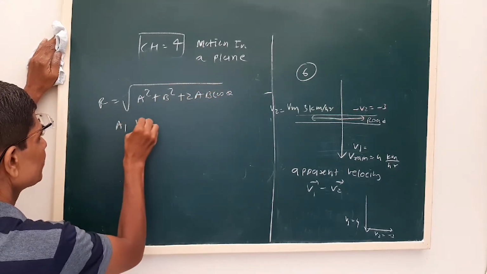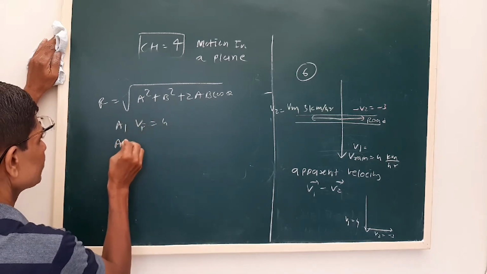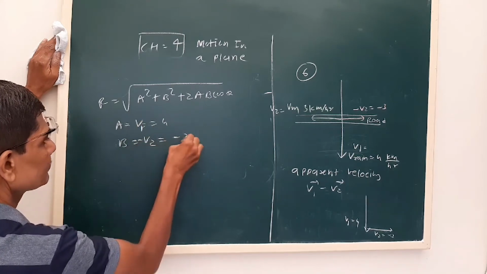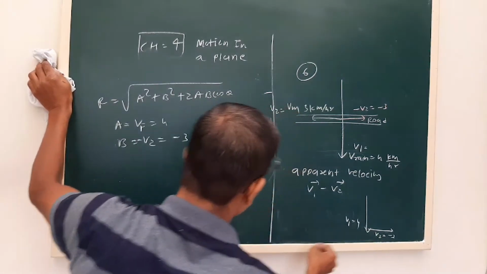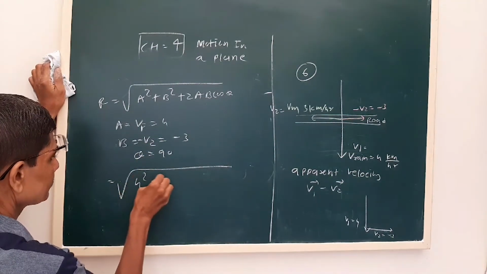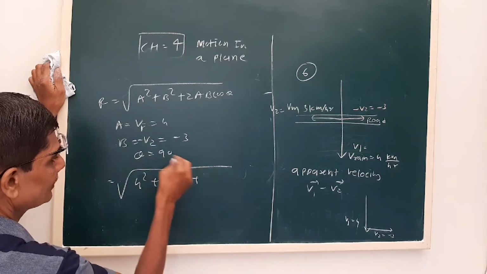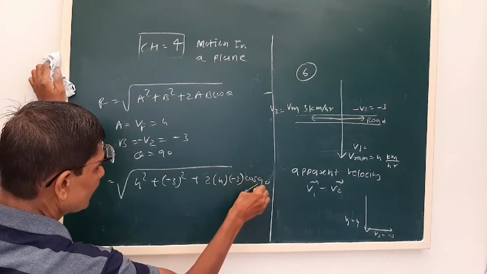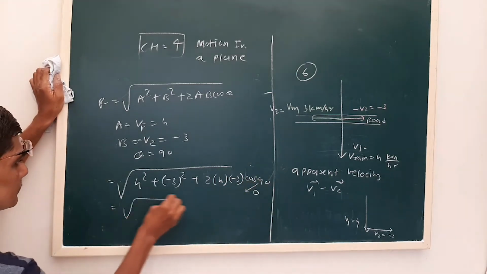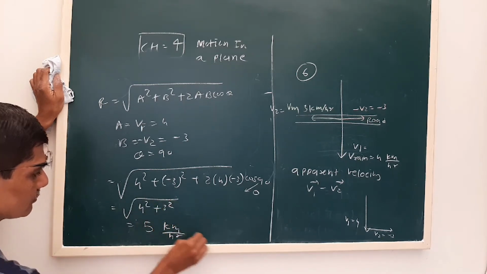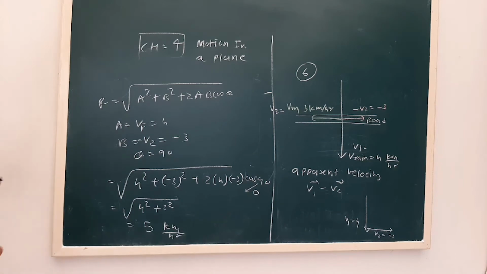A is V1, B is V2. What is the angle between V1 and V2? 90. So if I substitute theta as 90, we know cos 90 value is 0. So this is the apparent velocity of rain with respect to man.